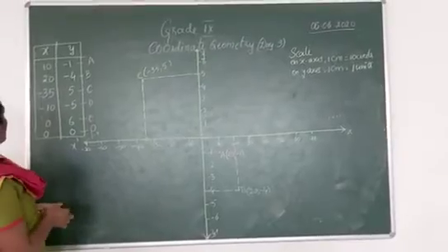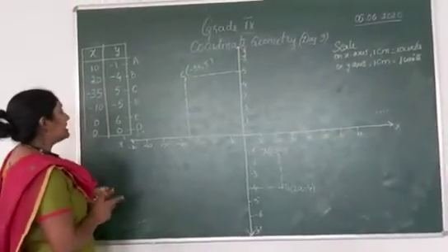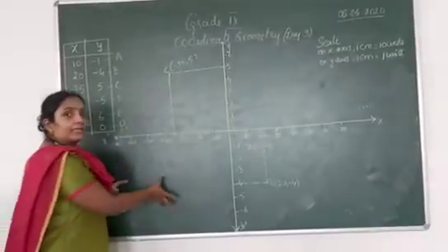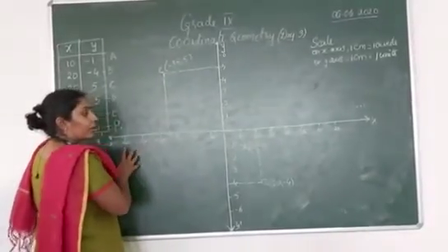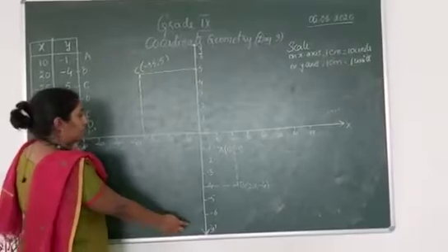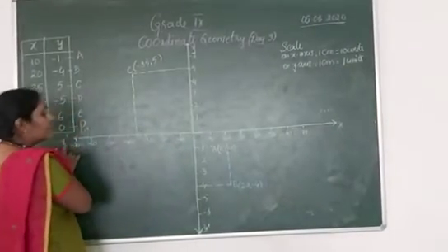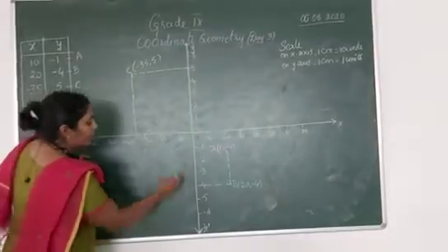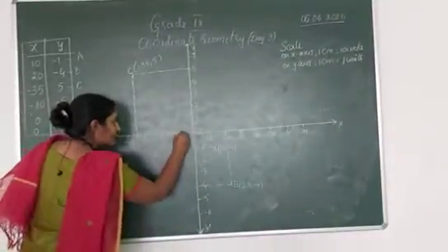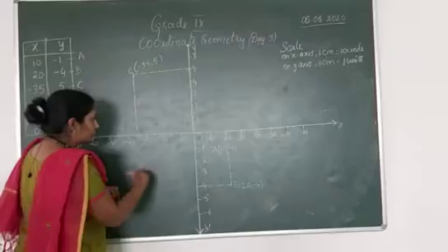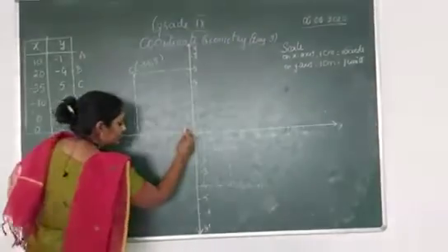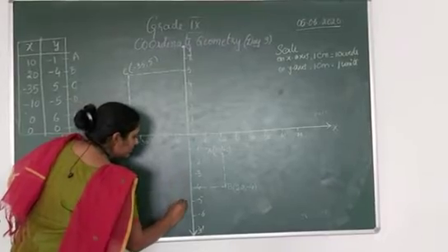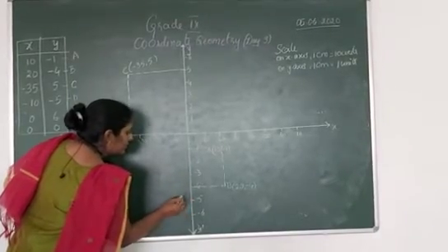Right? Now coming to the point D, minus 10, comma minus 5. And we all know this happens in the third quadrant, wherein we have the negative x-axis and negative y-axis. So for minus 10, the value of the y-coordinate is minus 5. So here I will draw the perpendiculars from minus 10 and minus 5.